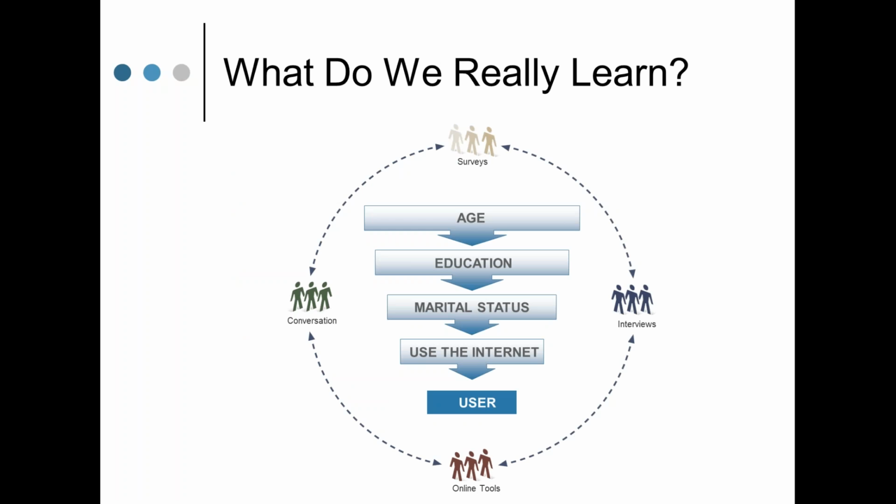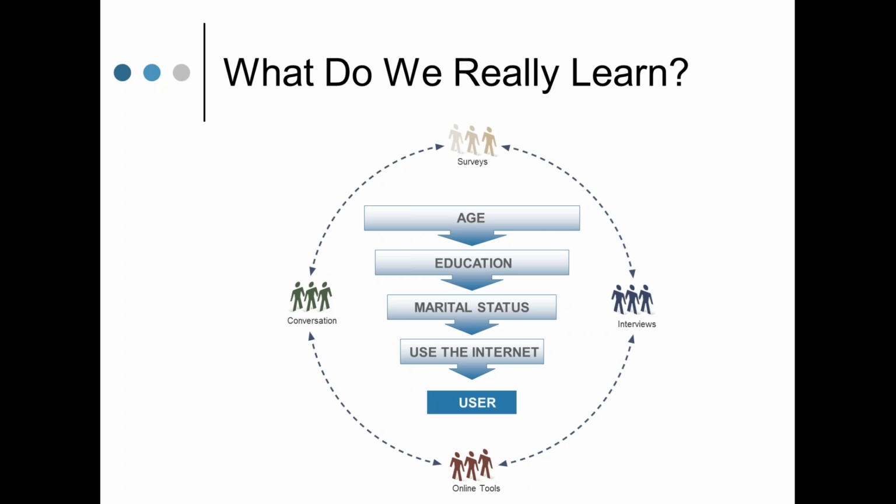When we get demographic data, what does it really tell us? What do we really learn from it? Normally, in order to get demographic data, we do surveys or we conduct interviews. We also can use online tools to gather information, or we join conversations.